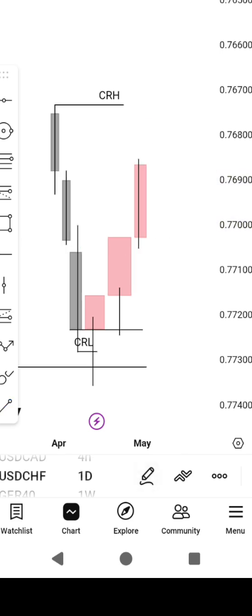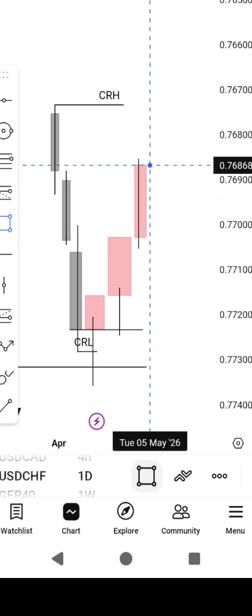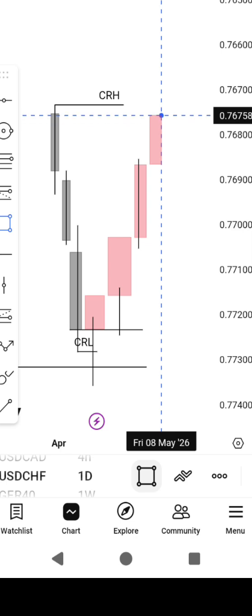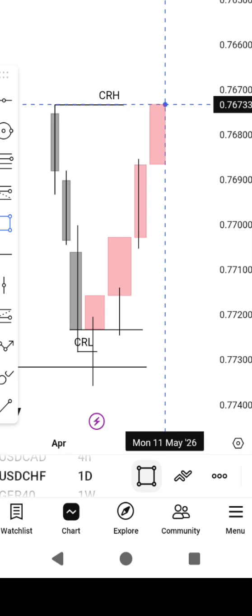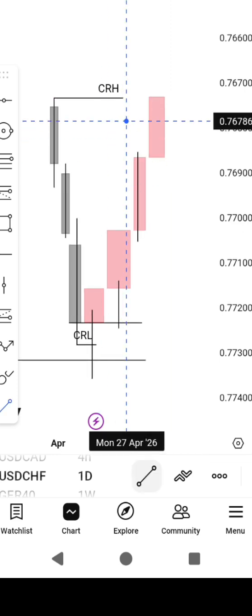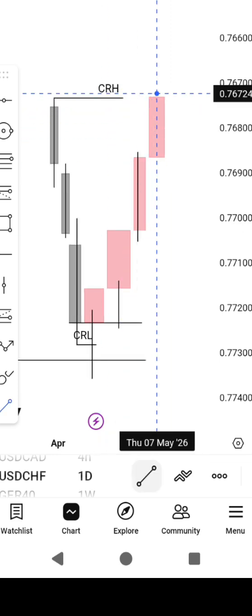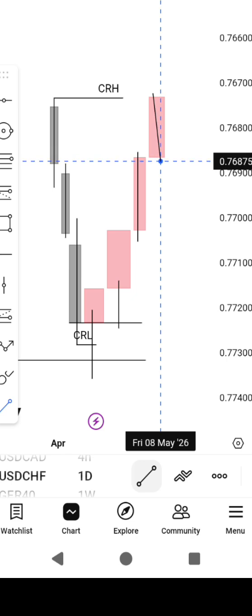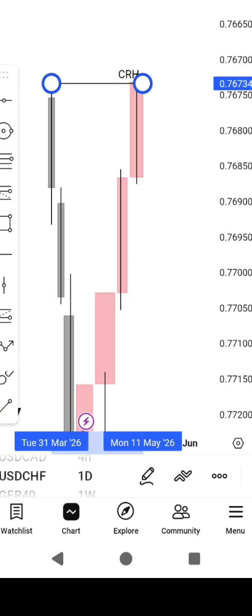And we can just keep looking for buy continuations, buy entries, all the way until this candle range high has been cleared.